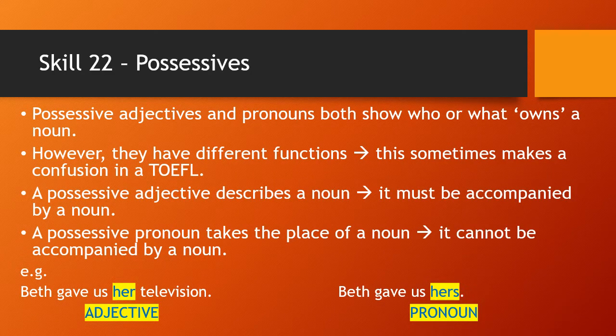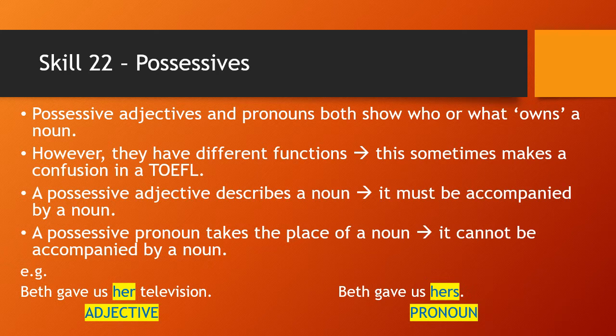Let's continue with skill 22, which is possessive. Possessive adjectives and pronouns both show who or what owns a noun. However, they have different functions. This sometimes makes confusion in the TOEFL. Let's take a look at the different functions that possessive adjectives and pronouns have.